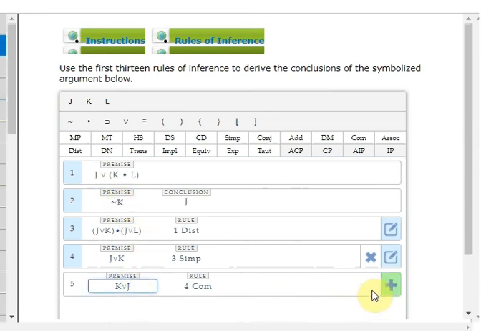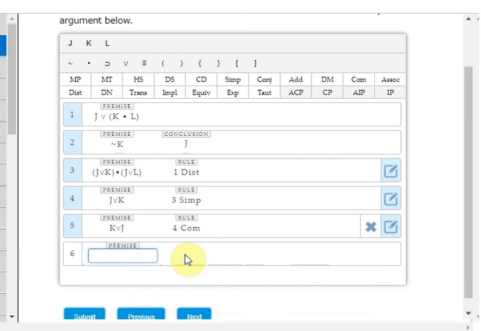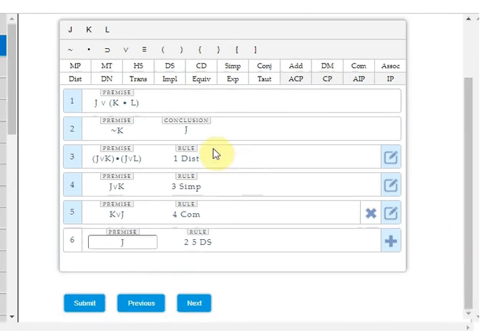So basically, this allows us to just get our conclusion here, basically, what we want to prove. And all we have to do is type J, because that's what we're getting, and we're applying it to lines 2 and line 5, right? And our rule here is the disjunctive syllogism, and that gets us what we wanted to prove, right?